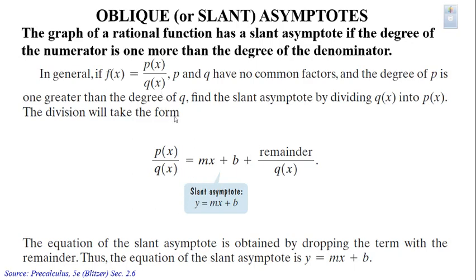To find the oblique asymptote, you simply do division, whether long division or synthetic division, whichever is appropriate, and you look at the quotient. That should be a straight line, a linear expression. So y equal to that expression is the oblique asymptote.